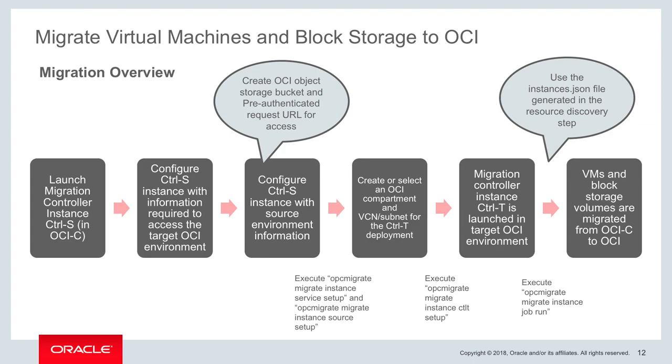You are now ready to start the migration process. You can use the instances.json file generated in the resource discovery step as an argument to the OPC Migrate command. Once the migration process starts, the VMs and block storage volumes are migrated from OCI Classic to OCI.